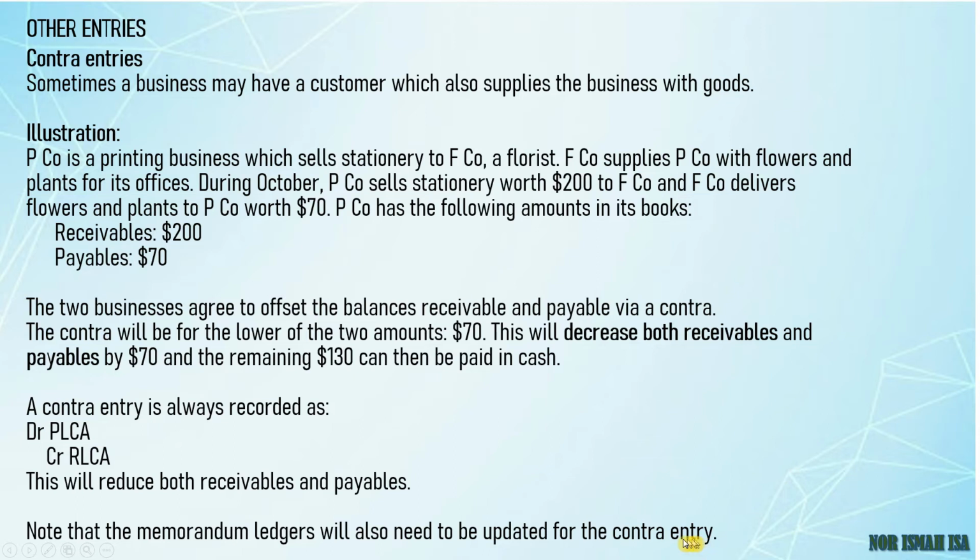So remember, when we do adjustment by recording contra entries in the control account, the receivable ledger and payable ledgers also need to be updated with the same amount of the contra entry. If not, the total for the control account in the nominal ledger and the total in the memorandum ledger won't agree.